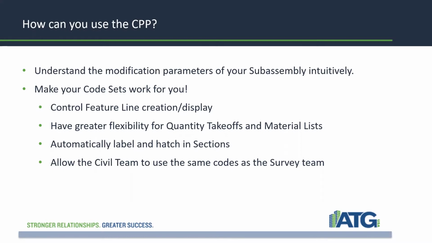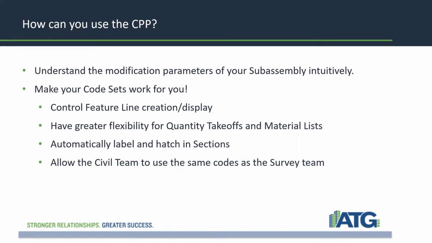And if you're a firm that has your own survey team, or if you're a civil firm that uses the same survey firm pretty reliably, now you can get that jargon to jive between those two firms. So if your survey team uses BOC for top back of curb in your surveys, you can use that exact same nomenclature in your design.